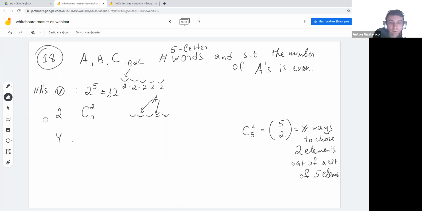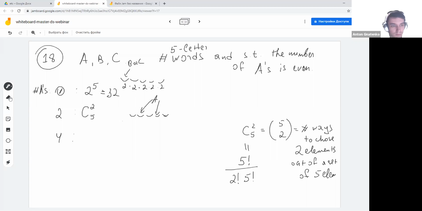Okay, so we had 5 elements, 5 positions. We want to choose 2 of them, any 2 of them, and place A's there. So there are such number of ways to do this, and there is a very, very simple formula to compute this number.